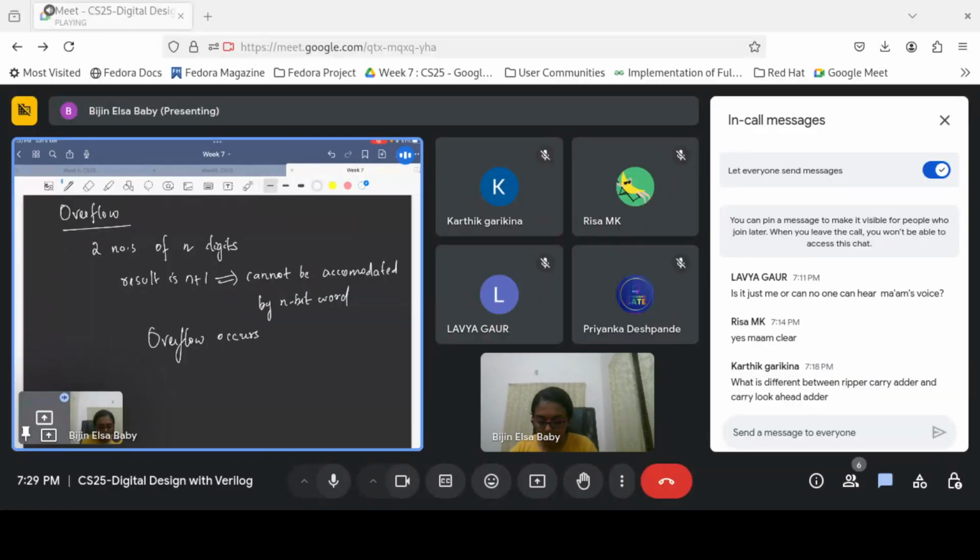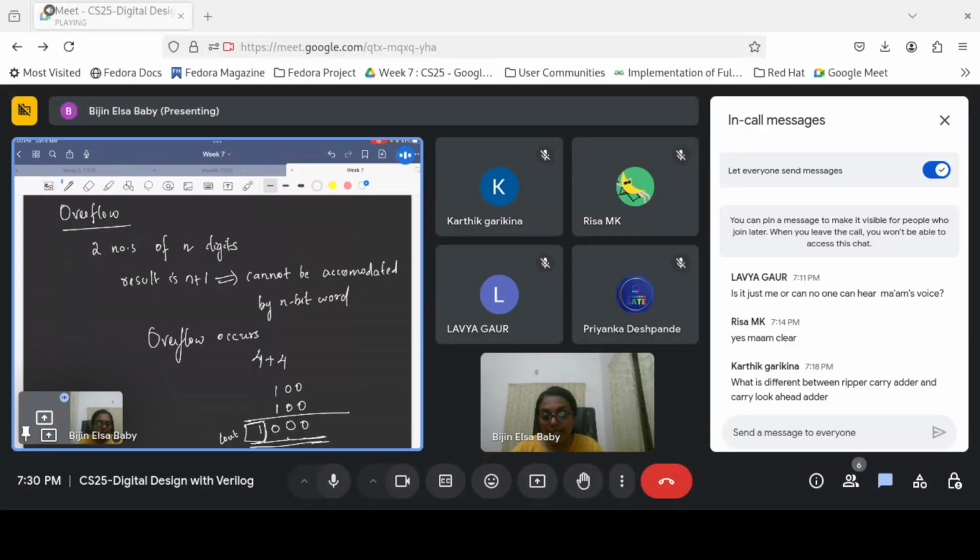For example, if this plus this is given, it is going to give 8. So this is the carry one. For unsigned numbers, we can find out overflow by using this carry.